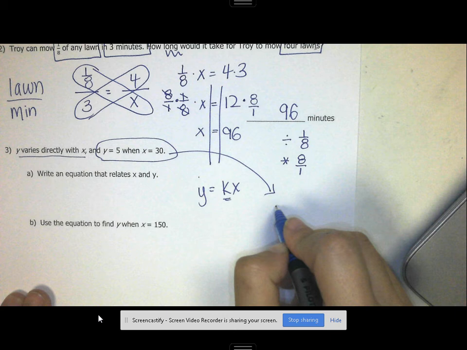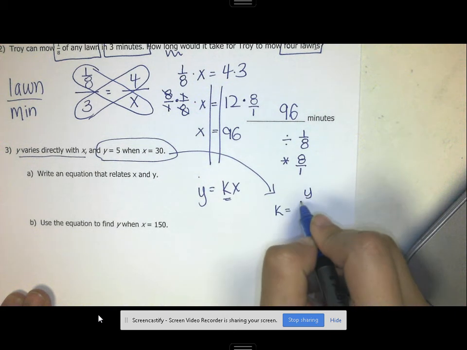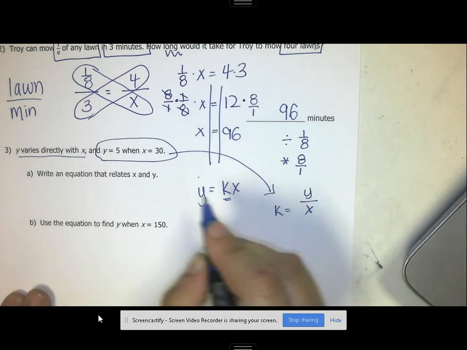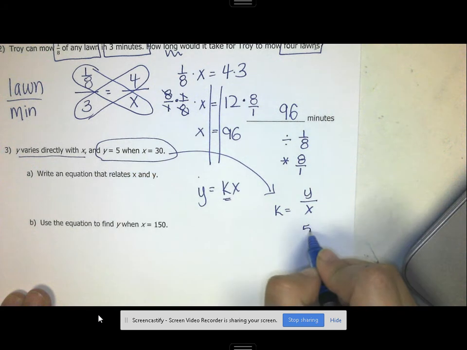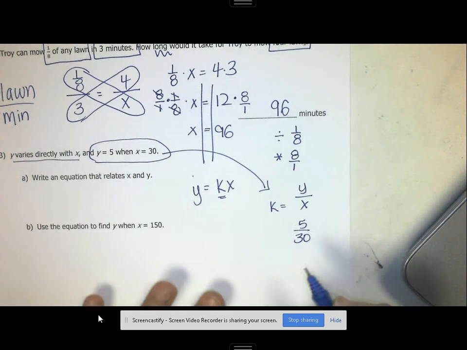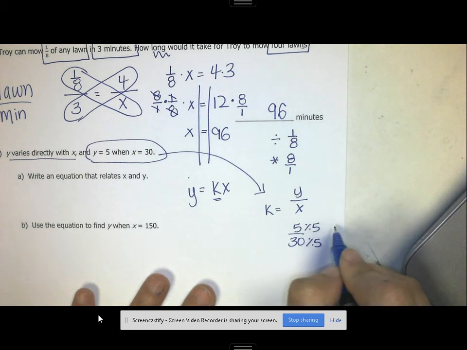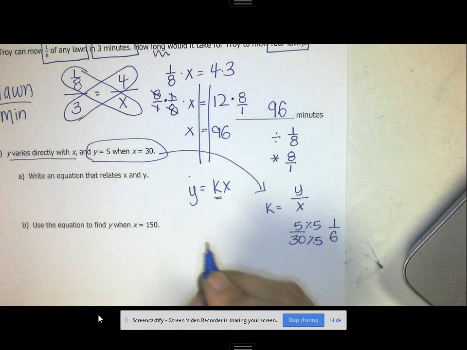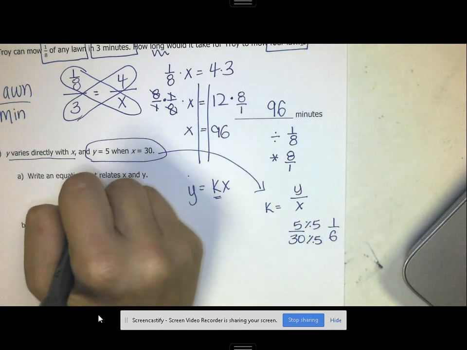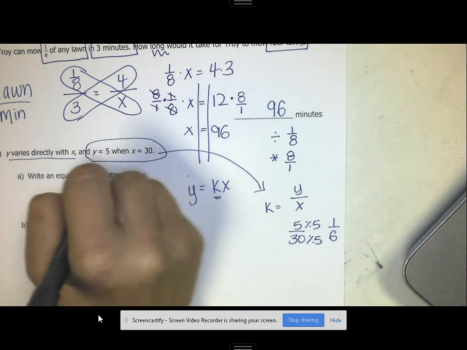So to find k, I need to put y in the sky and do y divided by x. So in this case, y is 5, so I'm going to do 5 divided by 30. I'm going to simplify. And I get 1/6. So my equation is going to be y equals 1/6 x.